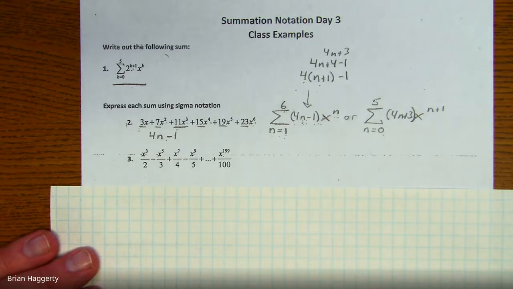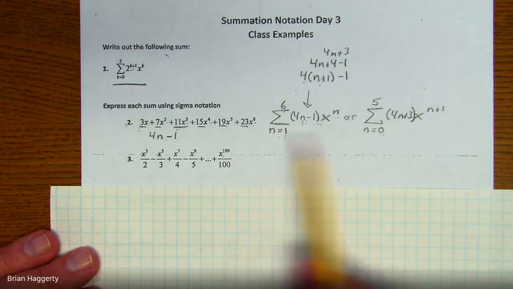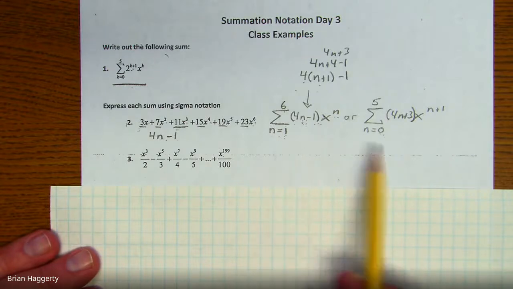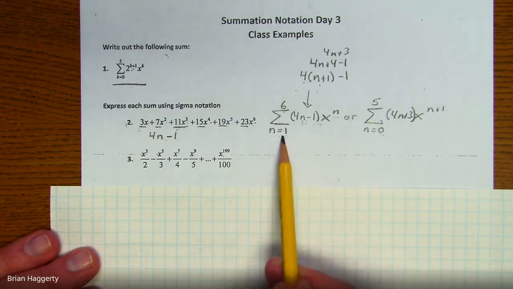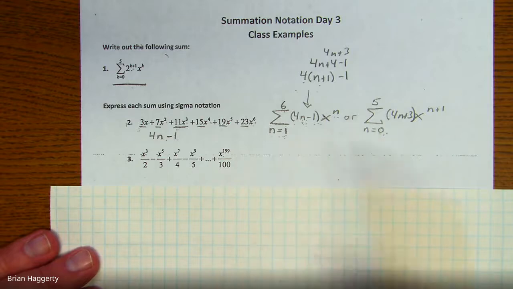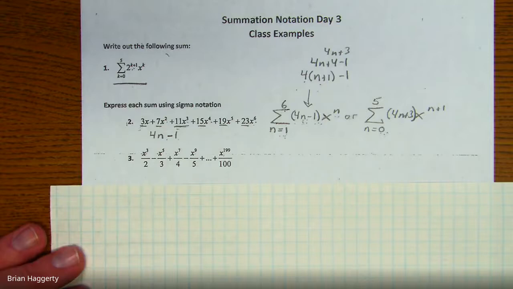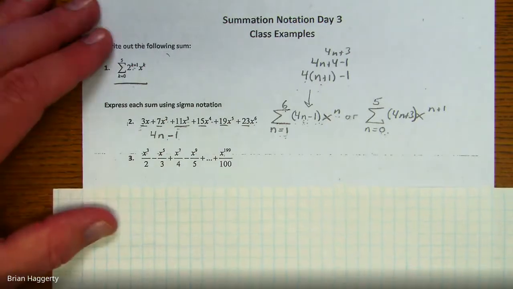Now, the instructions did not specify what the lower bound had to be, so it's your call. There's no reason to have to do this twice unless there were some specific instructions that said that you had to do it twice, or it's a small part of something bigger and you need to adjust them. Good with 2. All right, number 3.